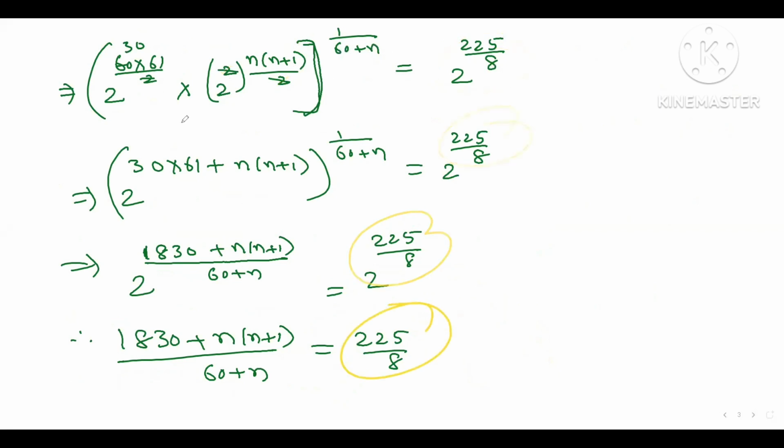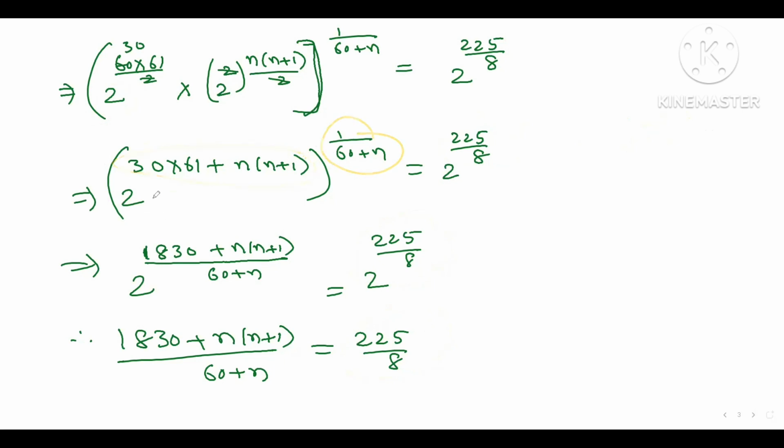Right, as it is. Okay, write 2 to the power 30 into 61 plus, if bases are equal here, powers are added. 30 into 61 plus n into n plus 1, whole to the power 1 by 60 plus n. Okay, here we should use the formula (a power m) whole power n is equal to a power mn. So here this is m, this is n.